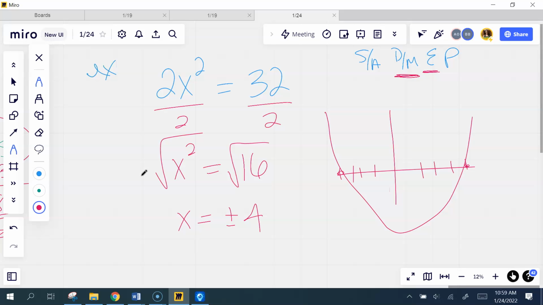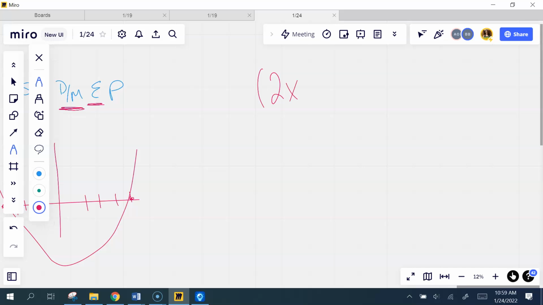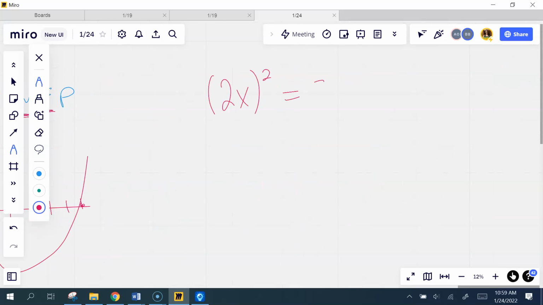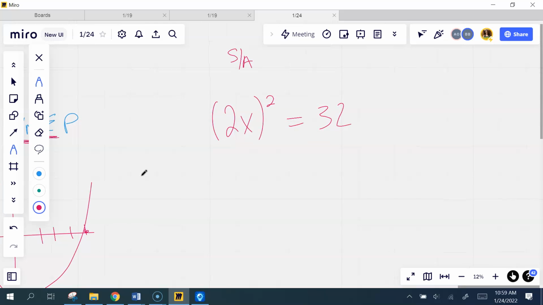Now, this is different than this. What's different? That's right. This time, I'm still SADMAP, but because parentheses are last, I've got to handle the exponent first.